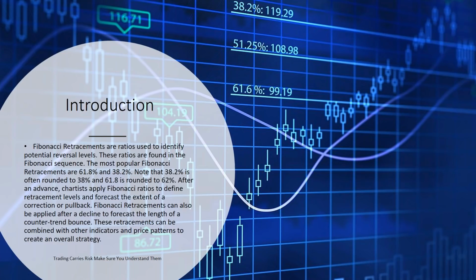The most popular Fibonacci retracement levels are 61.8, 38.2, and then 50%. But 50% is not a Fibonacci calculation level. It's just such a common level that 38.2, 50, and 61.8 are the most important retracement levels.